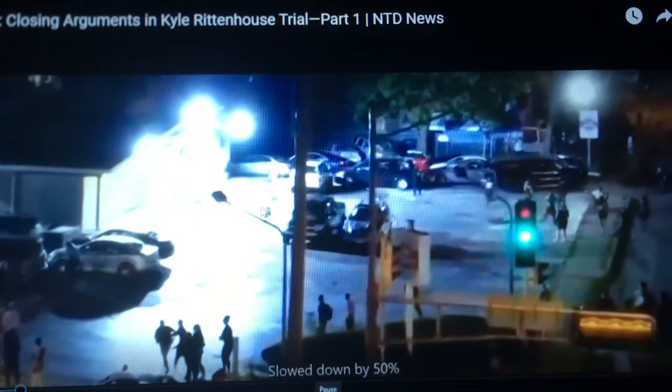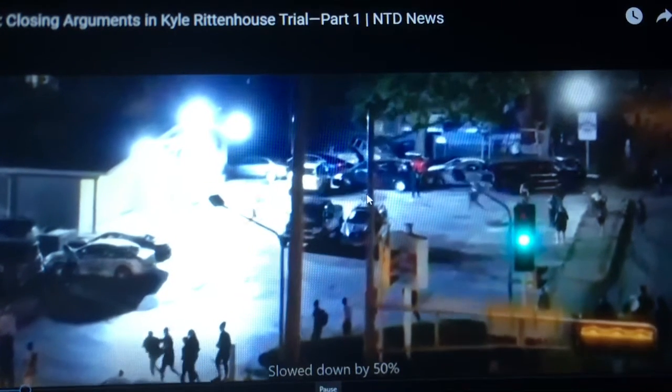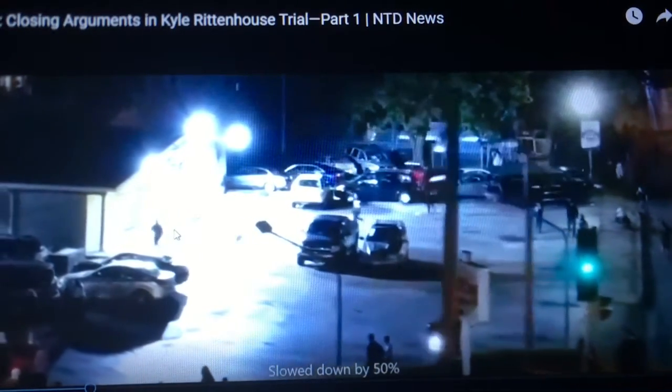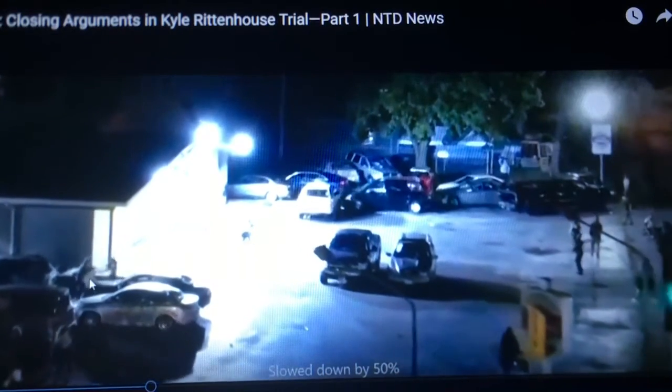At that moment, any sane person who sees this display of force, the gun pointed at him, will probably hide behind these cars here. Take cover. That's the right thing to do. But what do we see? We see Rosenbaum pauses for a moment and then continues pursuit. In fact, I would say that he didn't even pause. He just put his hands up and kept going.